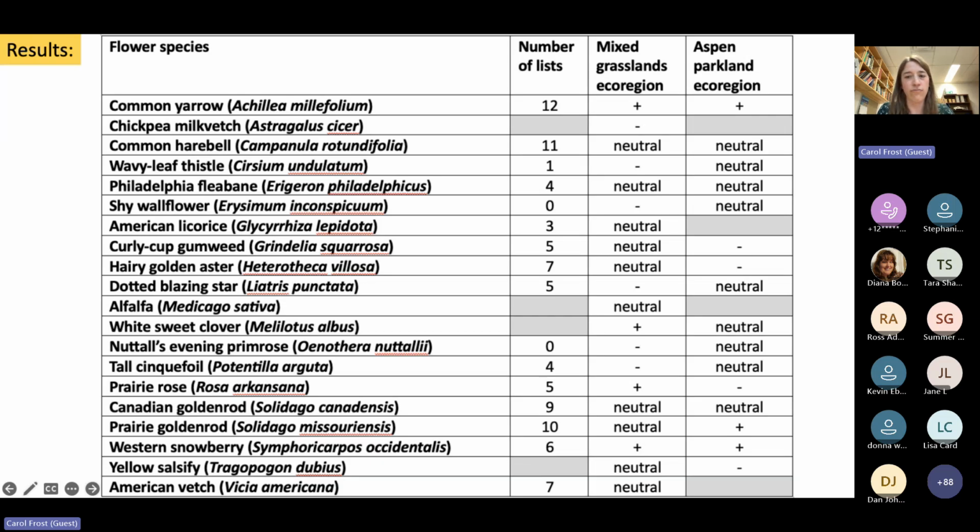It was just neutral, not visited more than expected by chance in these ecoregions. What about another one? Prairie goldenrod also was on a lot of flower lists. It was highly preferred in one of the ecoregions, but Symphoricarpos occidentalis, western snowberry, was only on 6 flower lists, and it was the most highly preferred in one ecoregion and highly preferred in another.